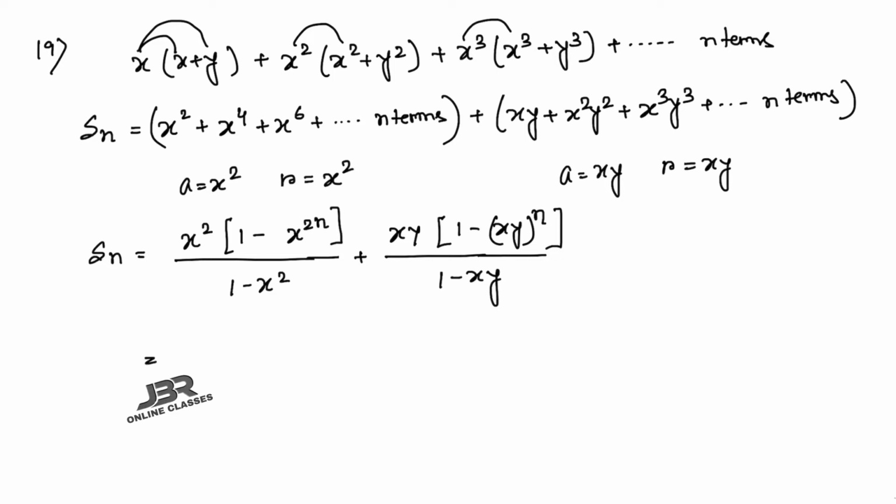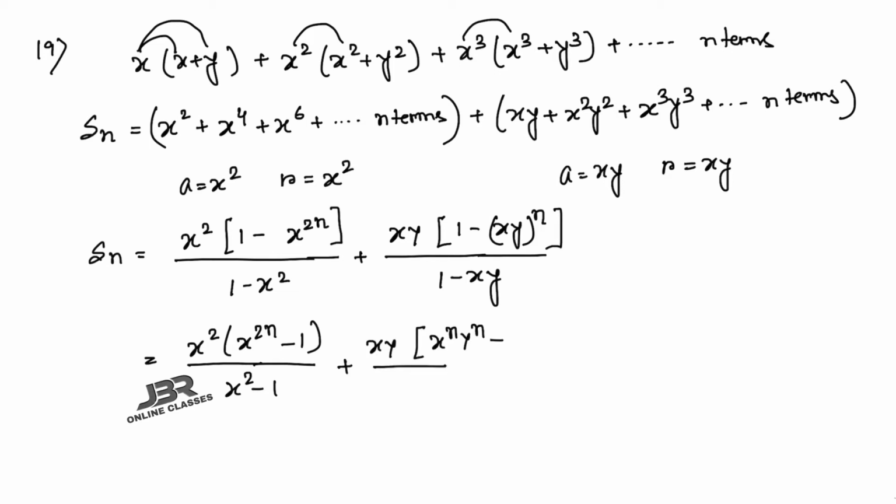So that one will be, x square common, so it becomes x square times x to the power 2n minus 1 over x square minus 1, and then xy times x to the power n y to the power n minus 1 divided by xy minus 1 as your answer.